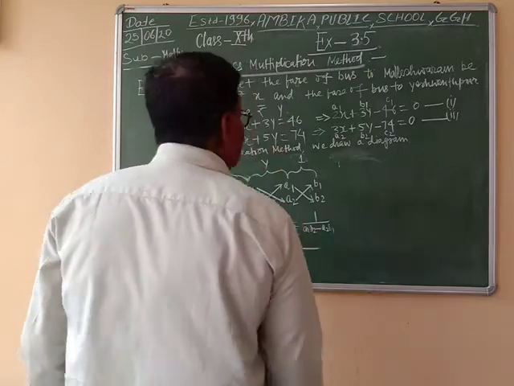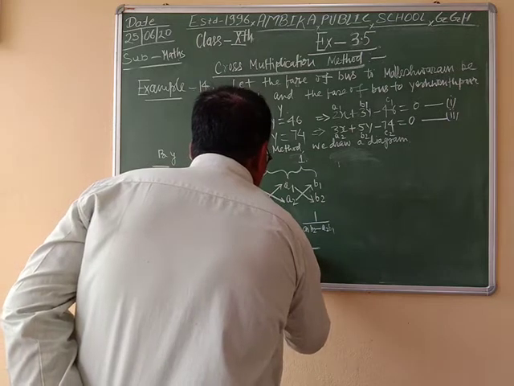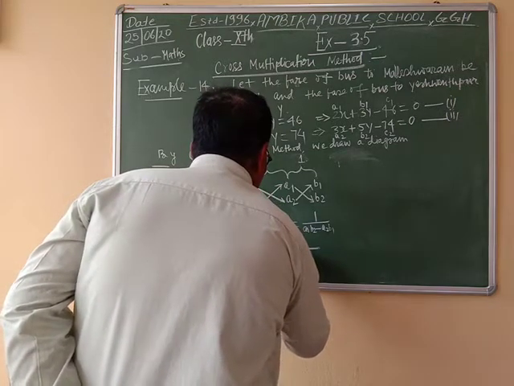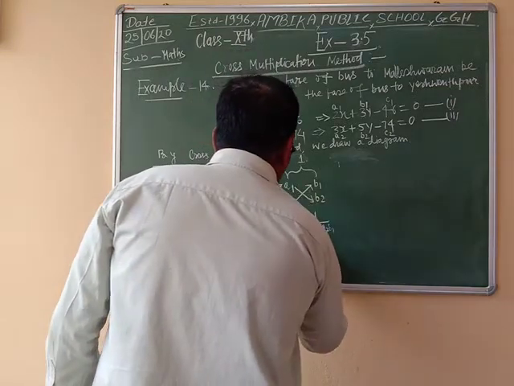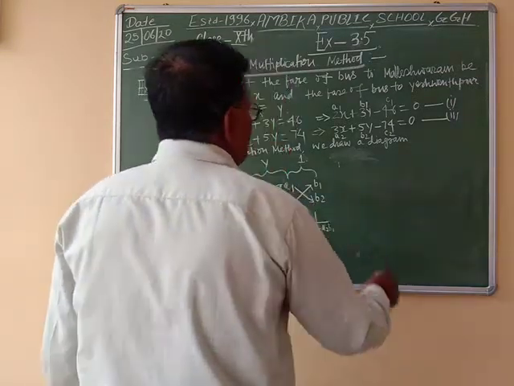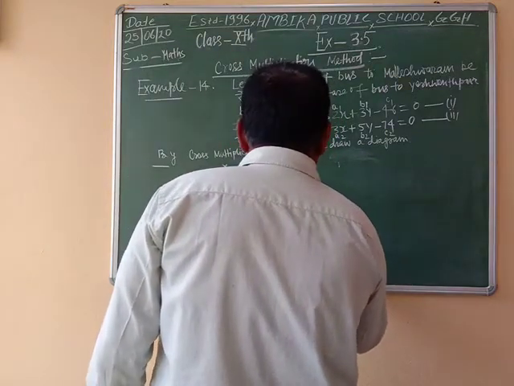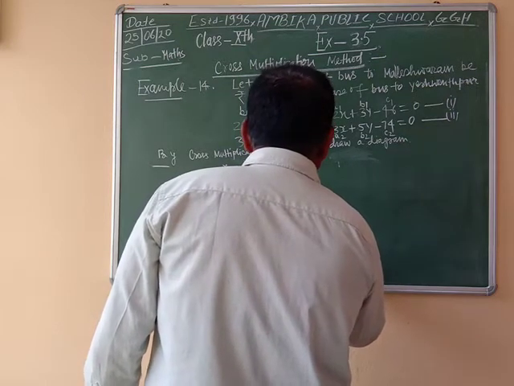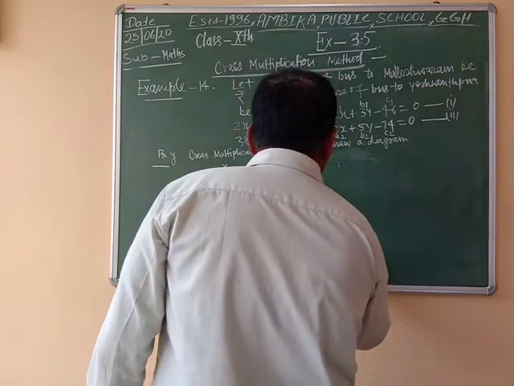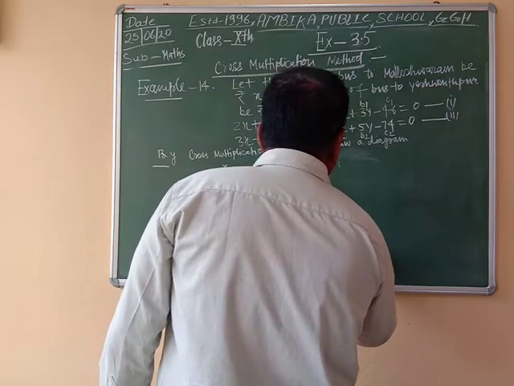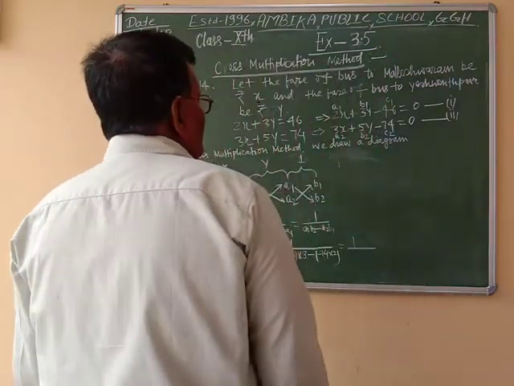We can write y by C1 A2. C1 A2 means minus 46 into 3, minus C2 A1. C2 is equal to minus 74 into A1 which is 2, is equal to 1 by A1 B2.